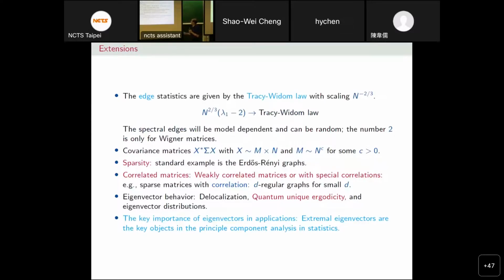Nowadays, the other question people are asking is about statistics at the edge. For the edge, you subtract 2 and scale by N^(2/3), and you get the Tracy-Widom law. I mentioned previously the covariance matrix X*X, but you can also put a diagonal matrix in the middle, and then you want to understand the spectral statistics of this model. You also want to study sparsity.